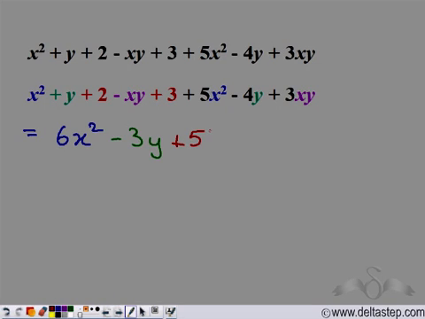Negative xy plus 3xy gives us plus 2xy. So this is an expression containing just 4 terms. It is a much simplified expression as compared to this. So this is how we simplify expressions in algebra, by combining like terms.